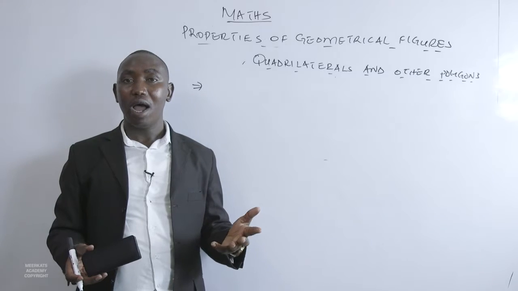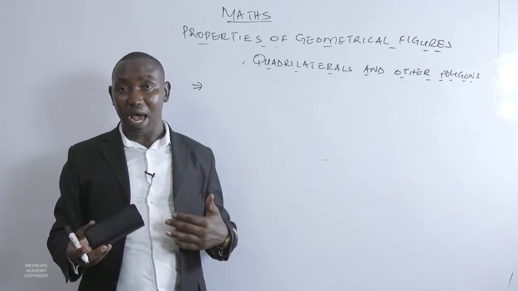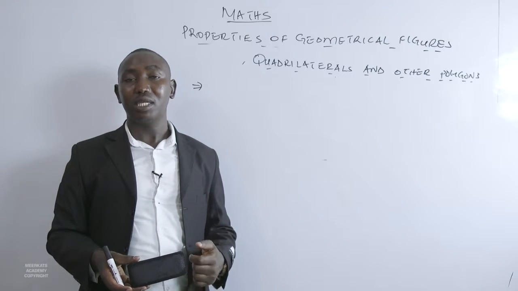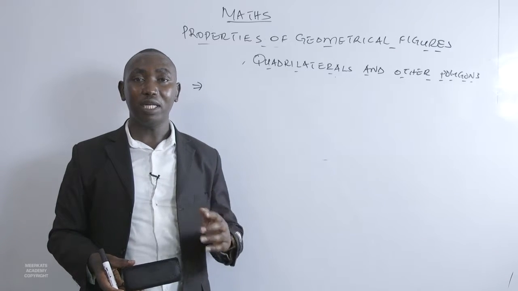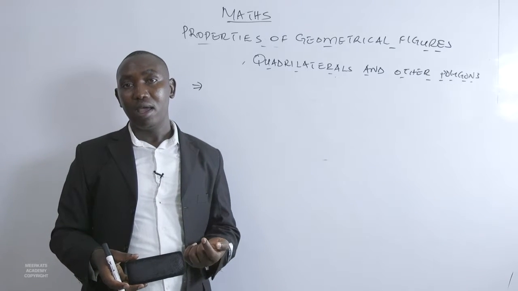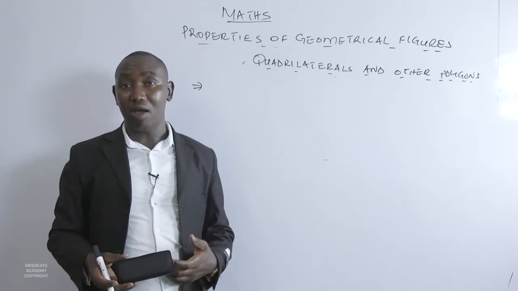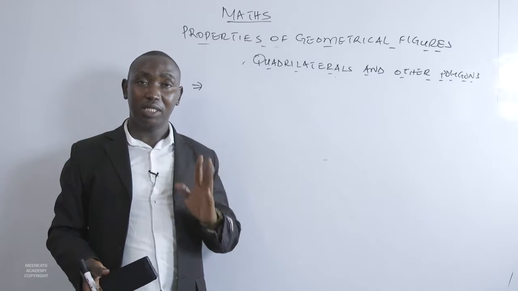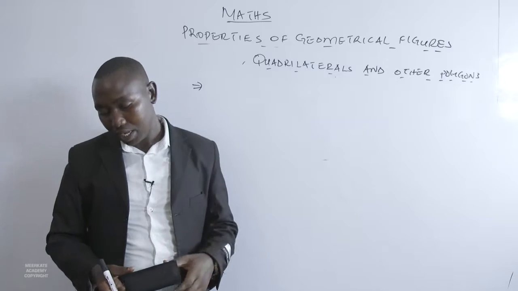Maybe 4 out of the 5 can be equal, or totally all of them are of different measurement. And if they are of different measurement, then each of the interior angles is going to have a different size. But that does not affect the whole concept of the exterior angles, because whether it was regular or irregular, the sum of the exterior angles of any polygon should add up to 360 degrees.